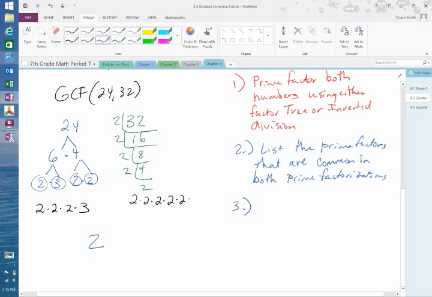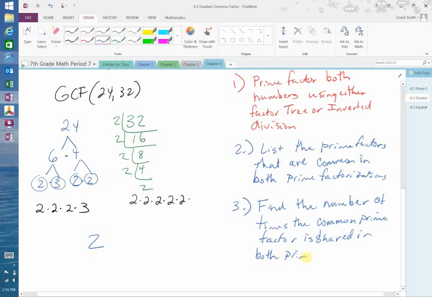Step 3, find the number of times the common prime factor is shared in both prime factorizations.